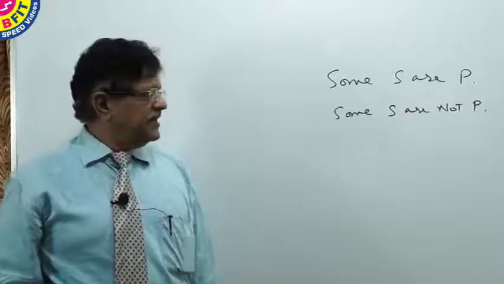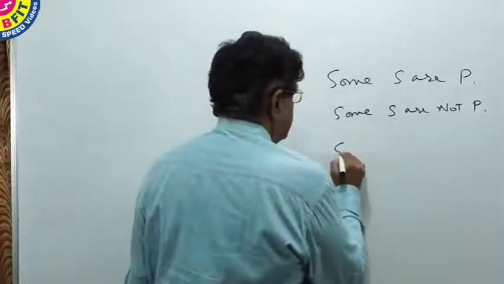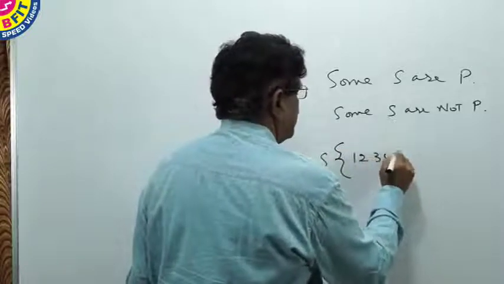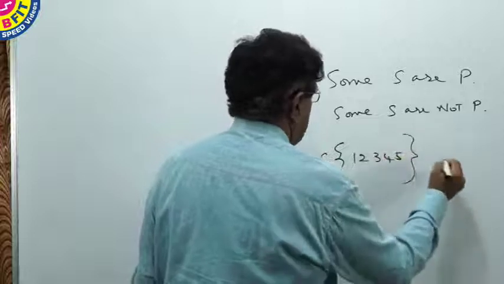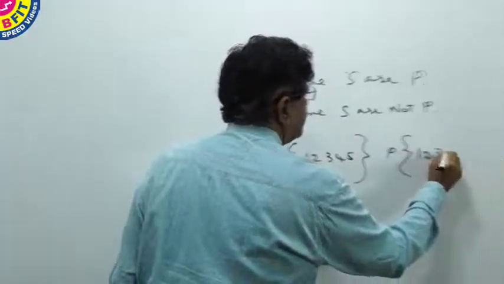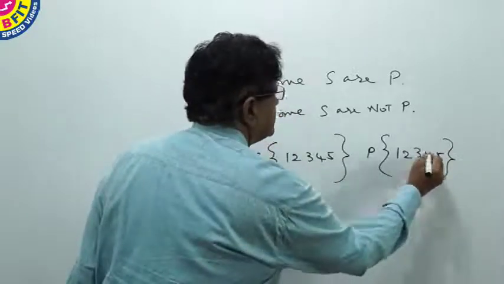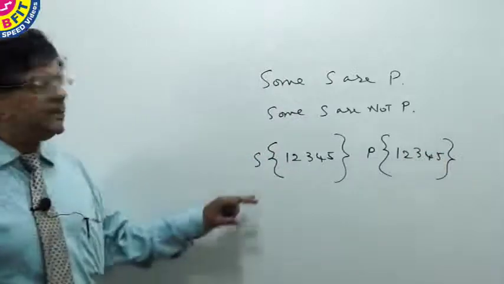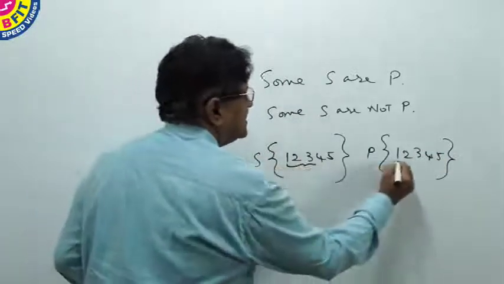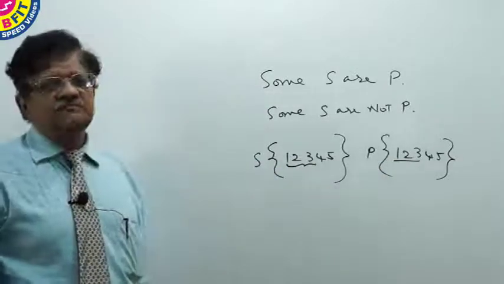not P. For example, let us see two sets. Set S is 1, 2, 3, 4, 5 and set P is also 1, 2, 3, 4, 5. Now in these two sets, when you take 1, 2, 3, some S are P is a valid statement.